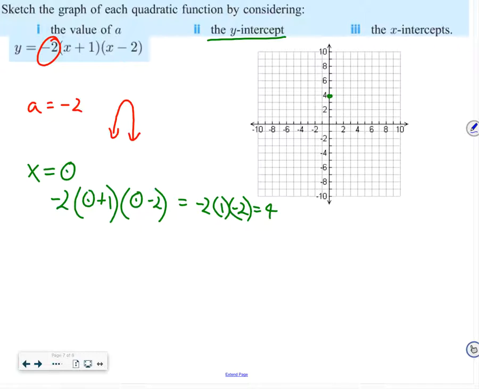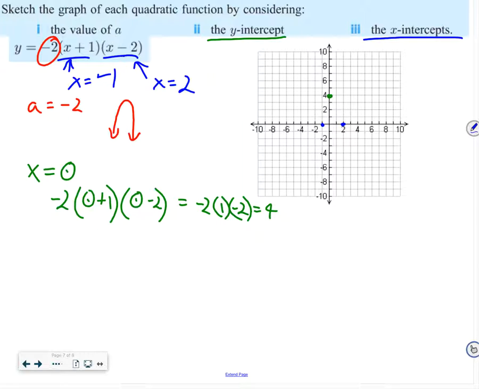The last piece is to find my x-intercepts. That's easy because I'm already in factored form. What makes this equal to 0? That's x equals negative 1. And what makes this equal to 0? That's when x is equal to positive 2.